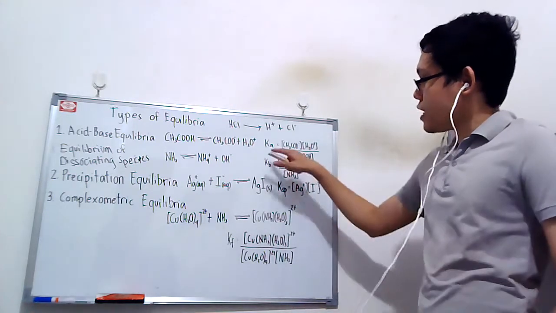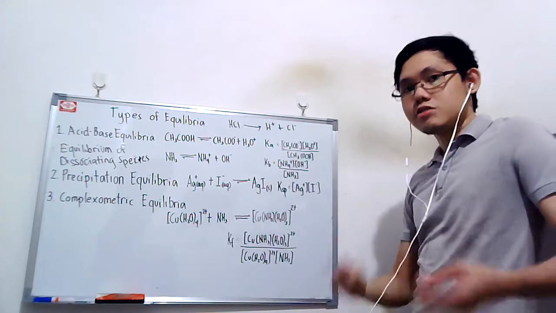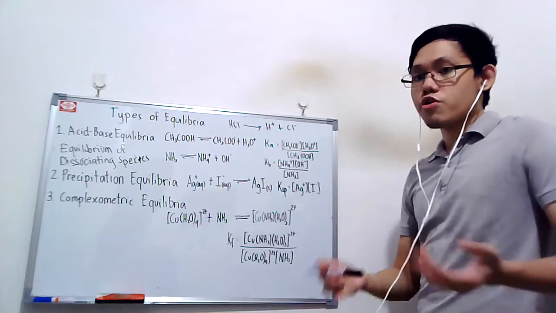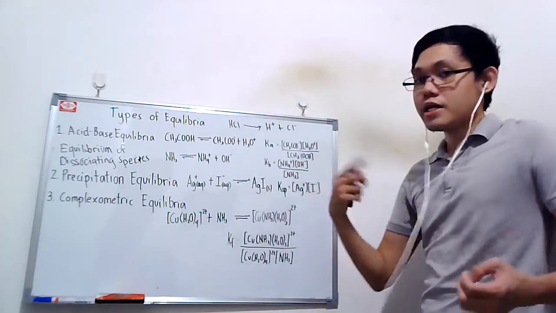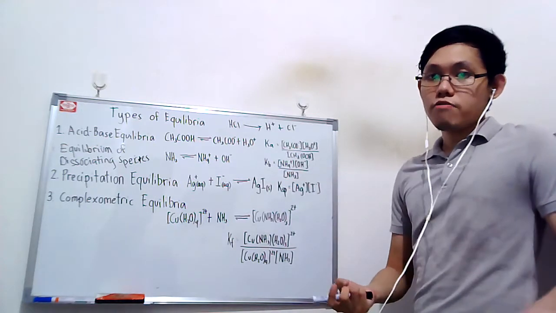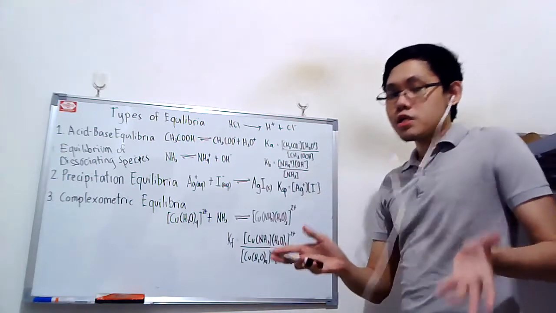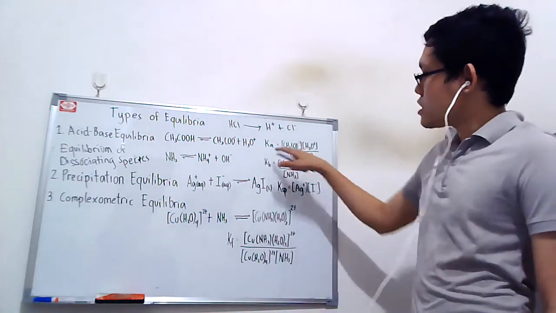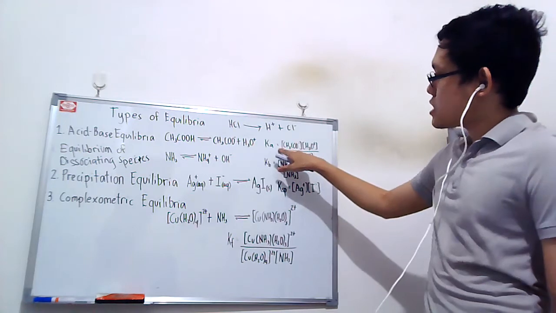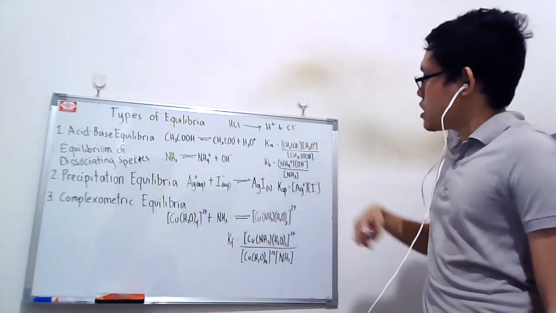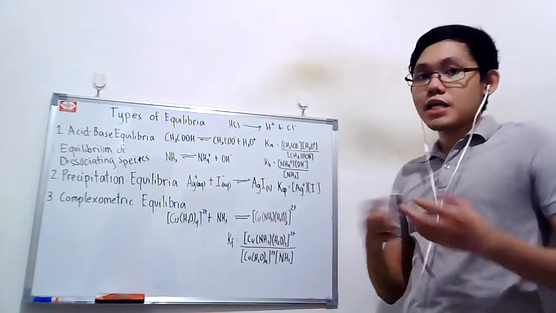So, yung Ka, usually this is used for weak acids or the calculation of your pH or the power of hydrogen. So yung Kb naman ay ginagamit sa calculation of pOH. So paano ba ang pag-calculate ng Ka at Kb? So kung makikita natin dito, Ka is equal to the concentration of acetate ion times the concentration of hydronium ion all over the concentration of acetic acid.